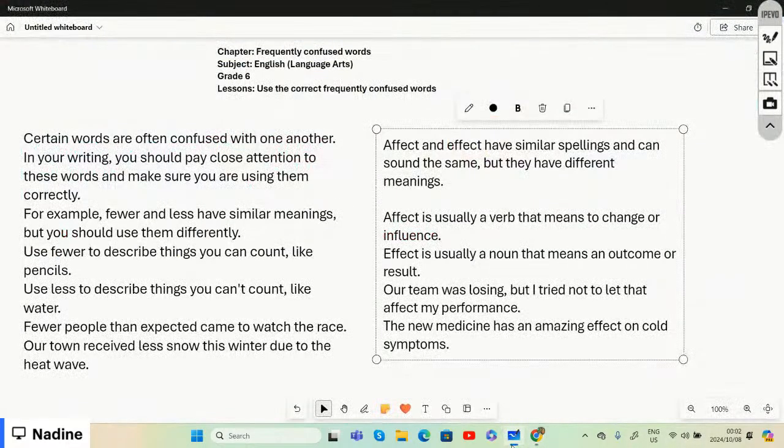Our subject is English Language Arts. We're doing grade 6.